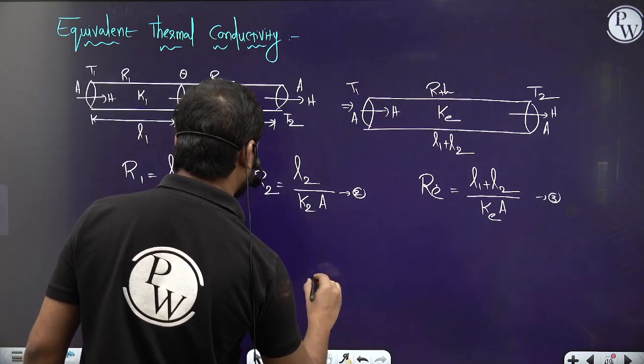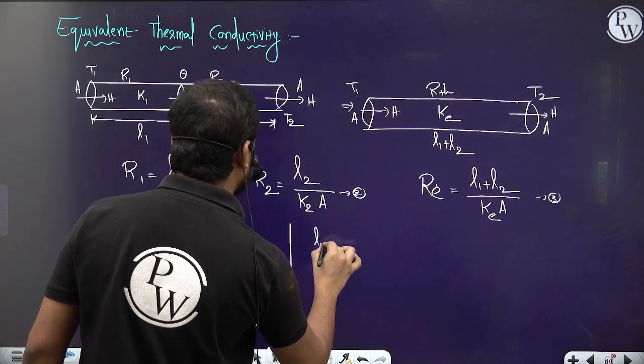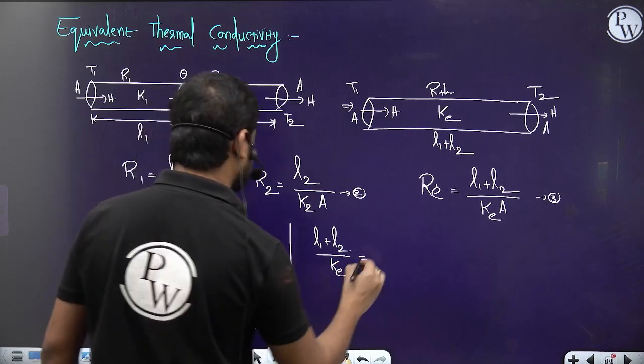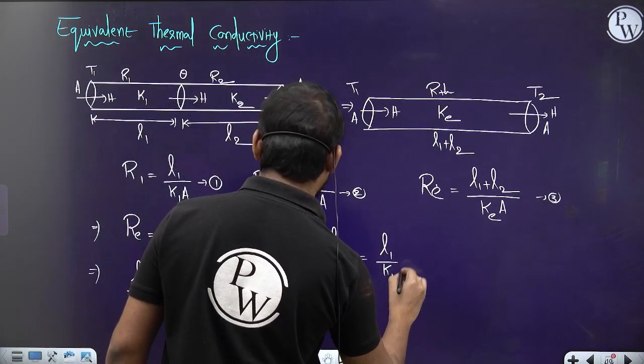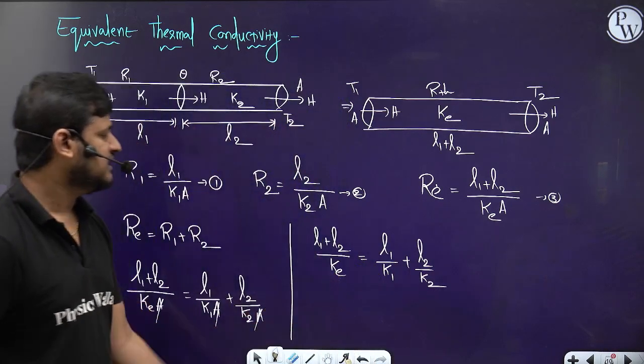Let me do the calculations here. L1 plus L2 by Ke is equal to L1 by K1 plus L2 by K2. What we need is the K equivalent.